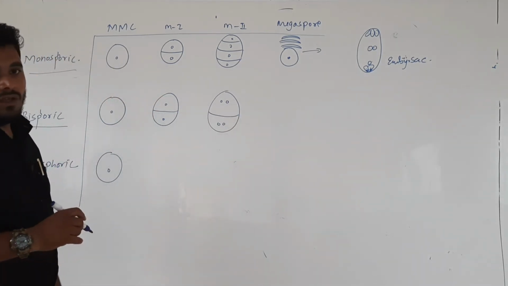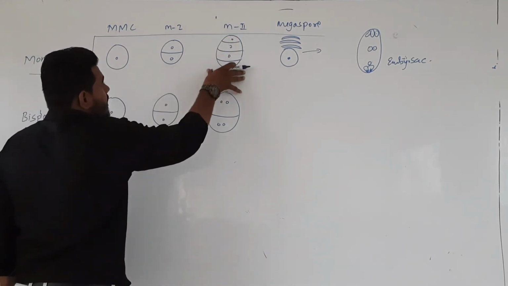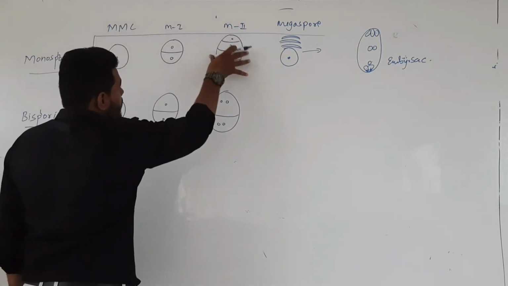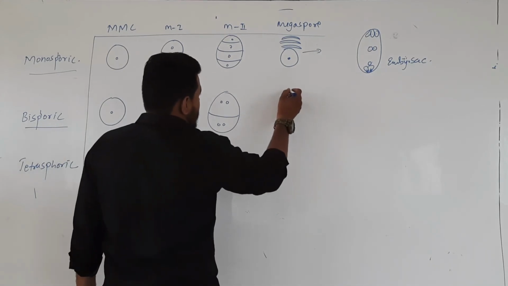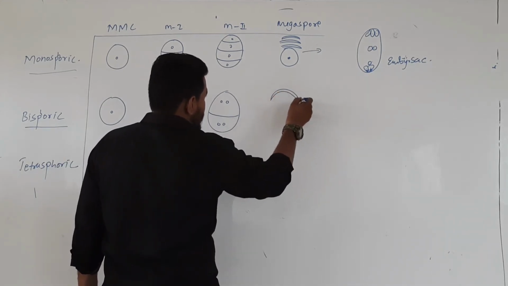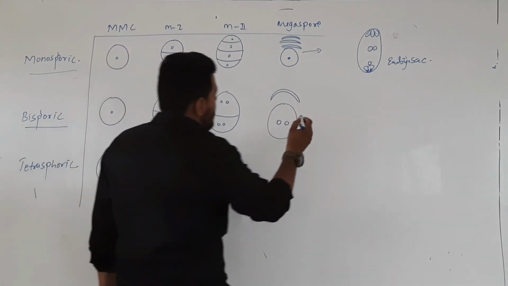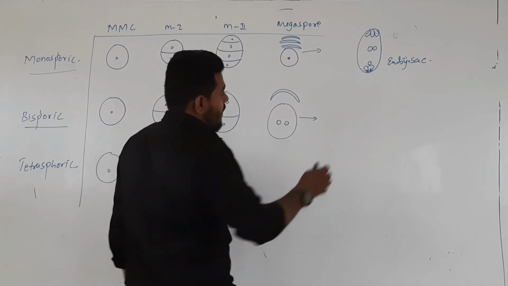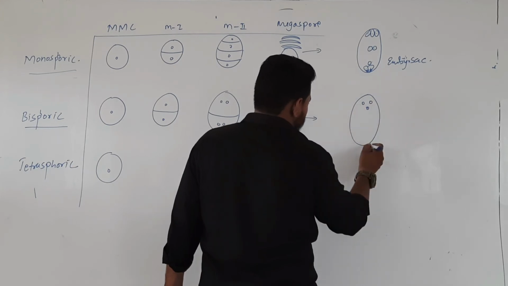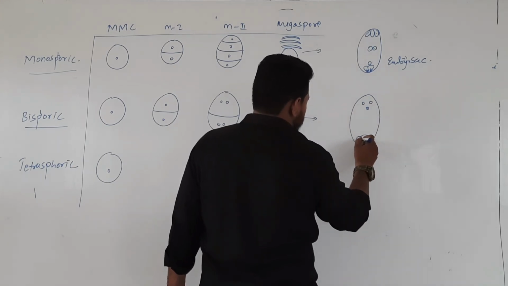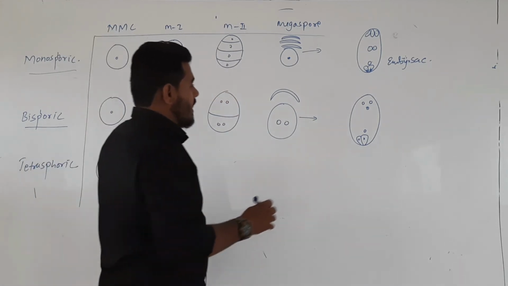There is no complete division like in the monosporic type. There is no formation of 4 cells. There is just formation of 2 cells with 2 nuclei each. Then only 1 degenerates, and the remaining one with 2 nuclei enters into the formation of embryo sac, and it becomes 4 cells here and 3 cells here.